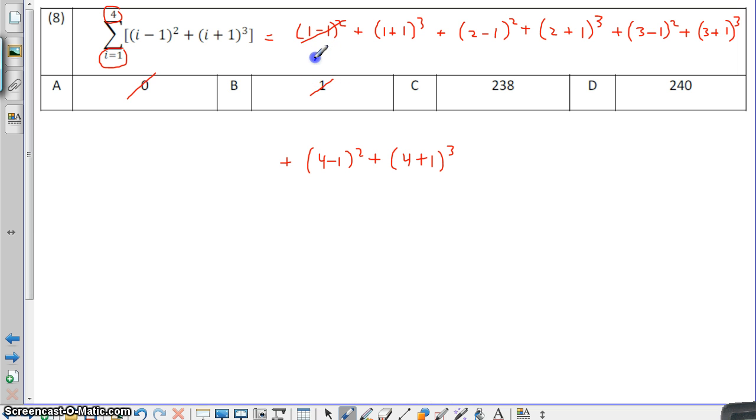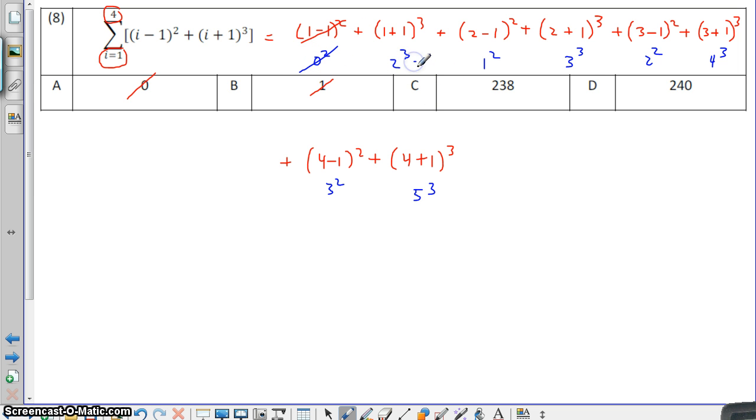Okay, so 0 squared, 2 cubed, 1 squared, 3 cubed, 2 squared, 4 cubed, 3 squared, 5 cubed. Okay, and then again, one more step. This goes away completely.